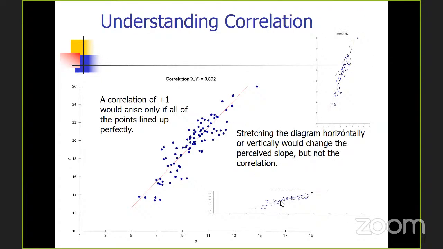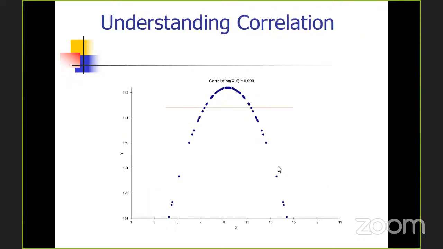It just will look different. But this number is really about how close the data is around the line of best fit, and the line could be drawn differently depending on how you draw up the x and y axis. Now, if you look at this, is there a relationship between x and y?